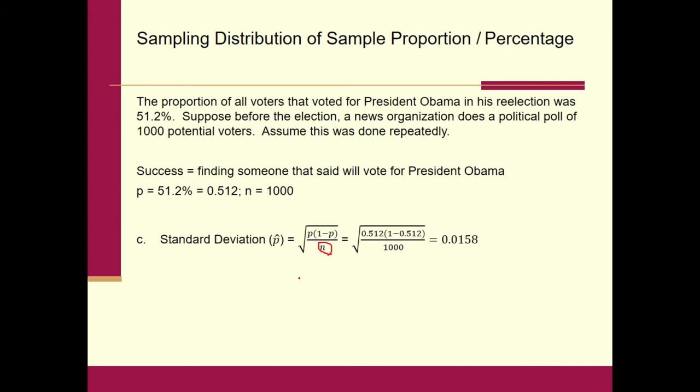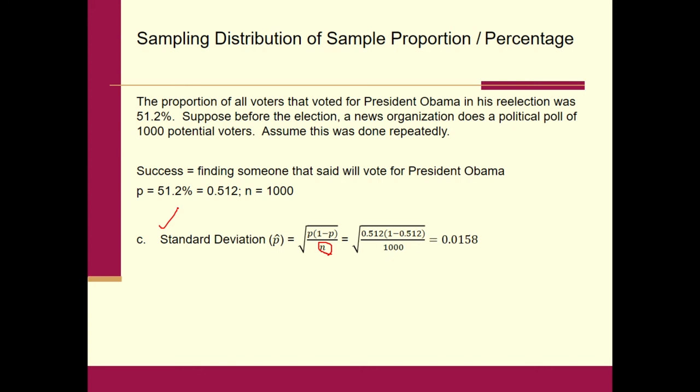So two things. The first thing, which we already talked about, is that we get a different sampling distribution for different sample sizes, because the standard deviation changes, so the shape of the sampling distribution changes.